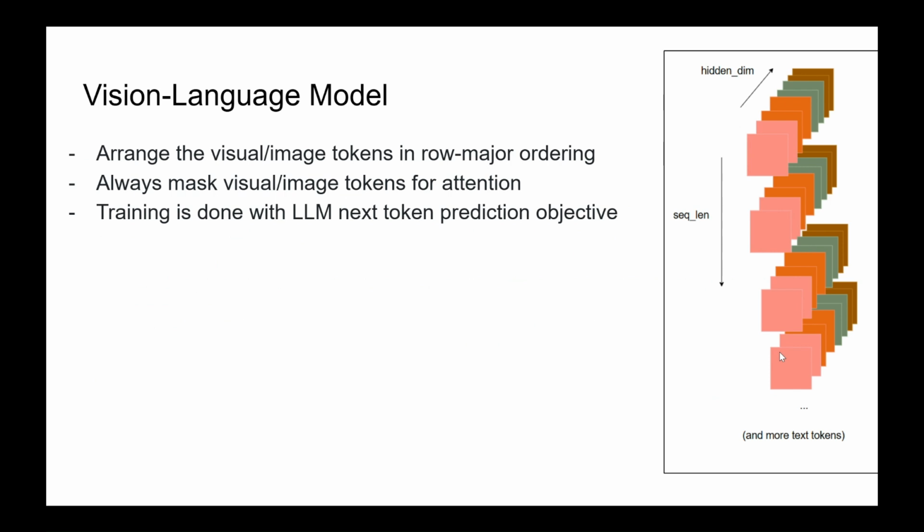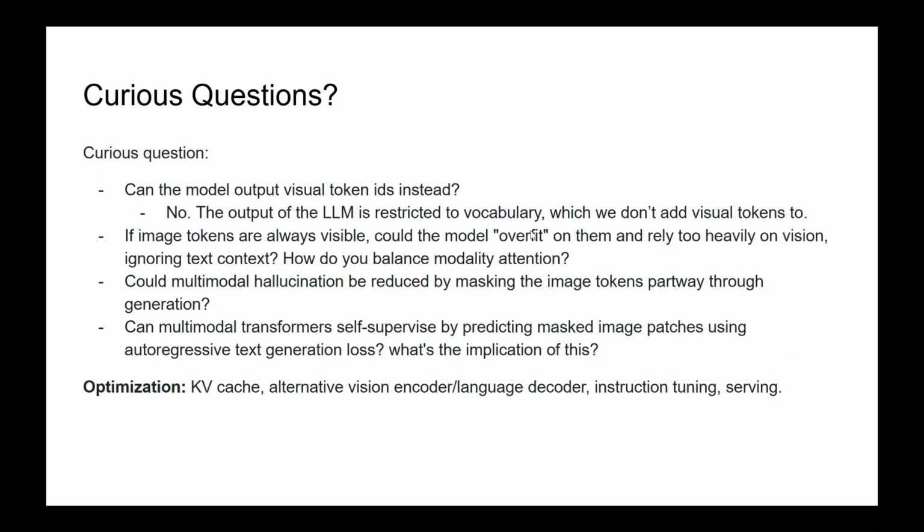And the answer is no, because the output of the large language model is actually restricted to the vocabulary. And by vocabulary, I mean the text vocabulary. So it will not have access to the image patch vocabulary that I have shown earlier, and therefore it will not output any visual token IDs, unless we add them to the vocabulary of the text, of course.